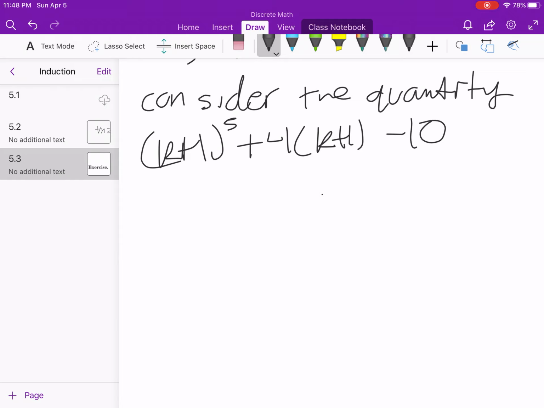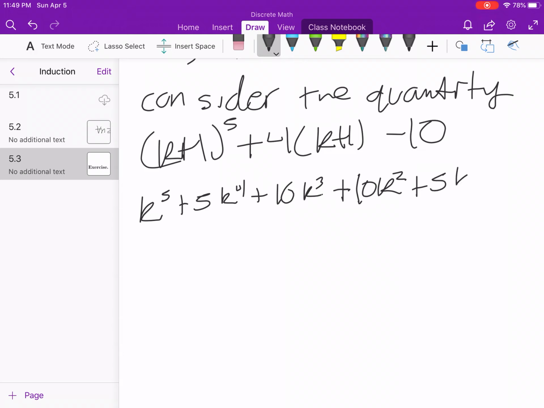So if I expand this first thing out, I get k to the 5th plus 5k to the 4th, plus 10k cubed, plus, my goodness, 10k squared plus 5k plus 1.